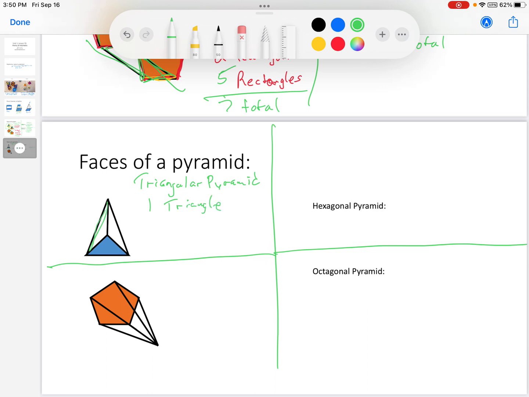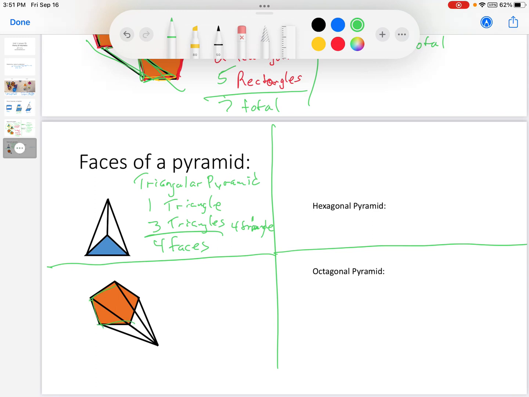And remember that the sides of all pyramids are triangles, and the triangular base has 3 sides, so therefore there will be 3 more triangles on the sides. So in total, there are 4 faces, and in fact, there are 4 triangles, which is unusual, but because pyramids have triangles for the side, if you also have a triangle for the bottom, for the base, then that makes it all triangles, okay?